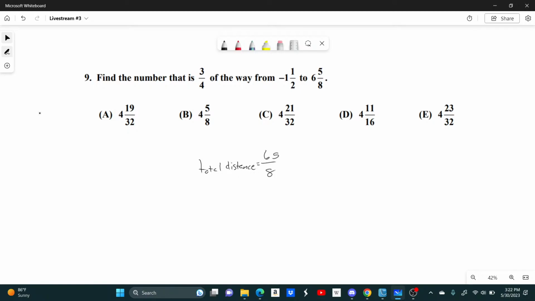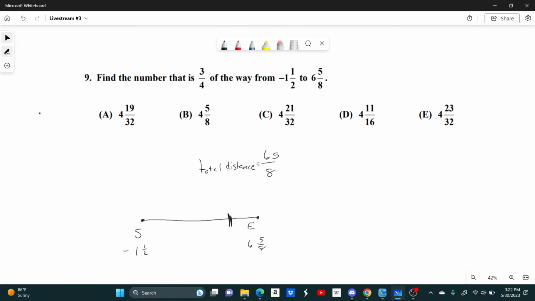And then you want the number that is 3/4 in between. To find it, you begin at your starting point, which is -1/2. And if this is your ending point at 6 5/8, you want 3/4 of that. So you find 3/4 of the total distance and then add it to your starting point. So 65/8 times 3/4, and then plus -1/2.